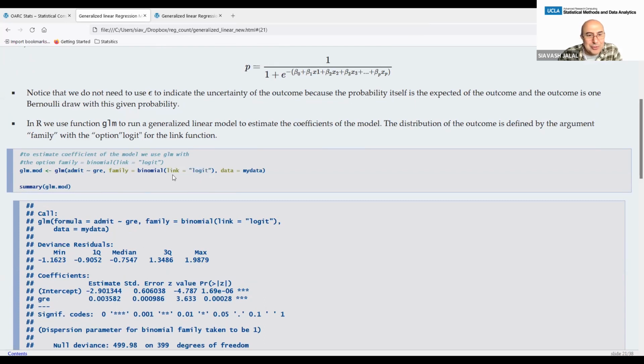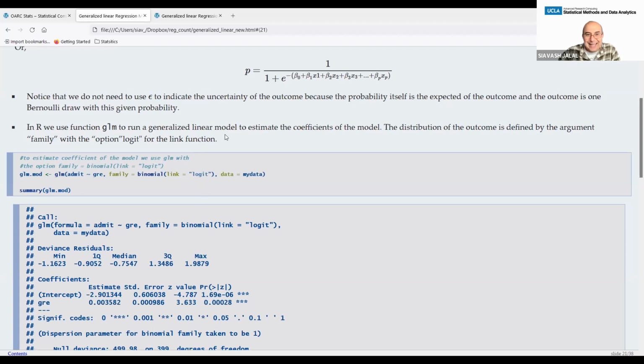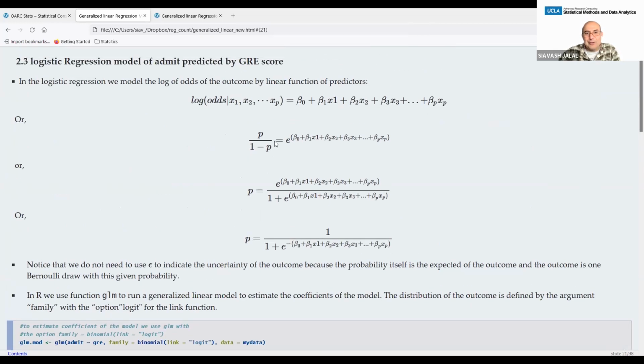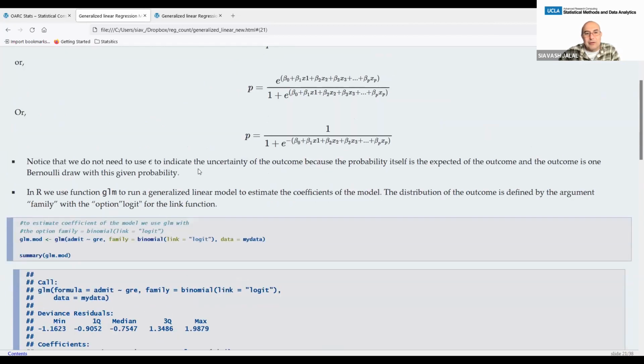So you can use the binomial family, but not the logit link, any different kind of link. The link, again, transfers a value between 0 and 1 to a value between negative infinity and infinity. For example, probit uses the inverse of the standard normal 0, 1 as that function. It looks very complicated, but somehow it works very well.